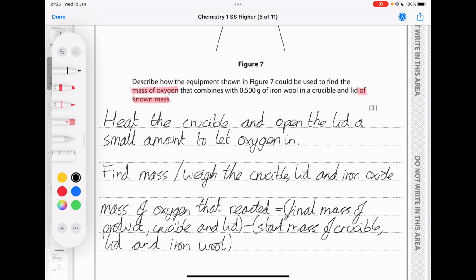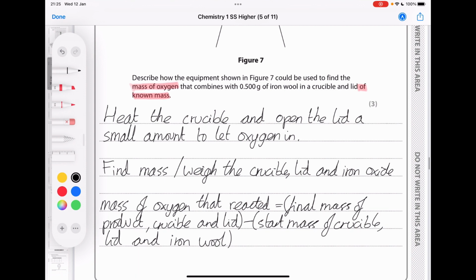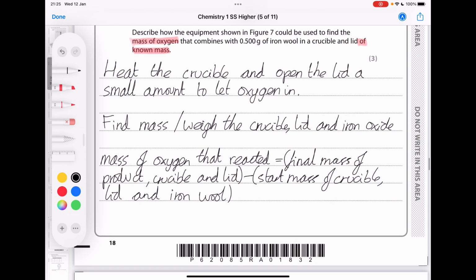There was a fourth possible point we could have said, which is that we should keep heating until the mass does not change, or total mass does not change.